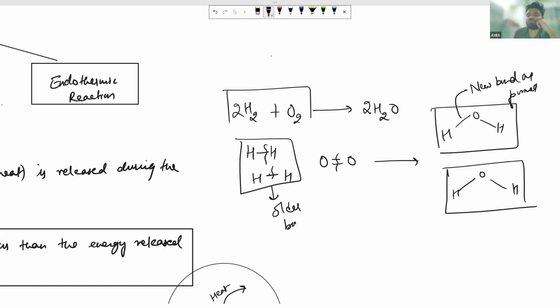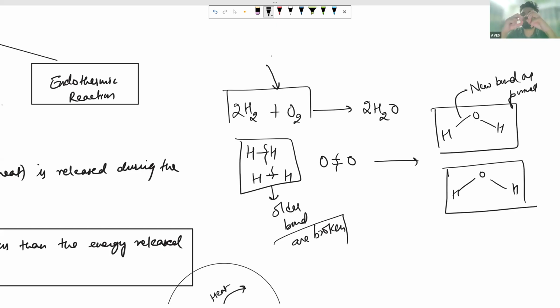When the new bonds are formed and the older bonds are broken, it is considered a chemical change. But for breaking the bonds, we always require energy. When we are breaking the bonds, we require energy, and when the new bonds are formed, energy is released. It is the universal law.